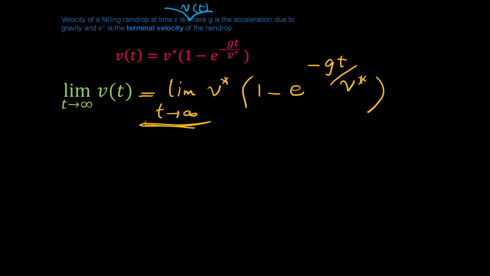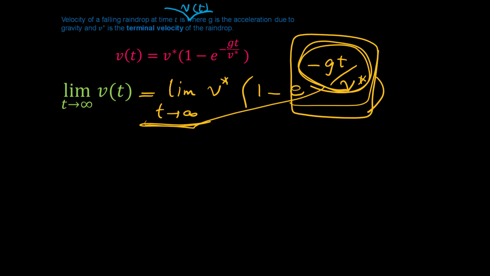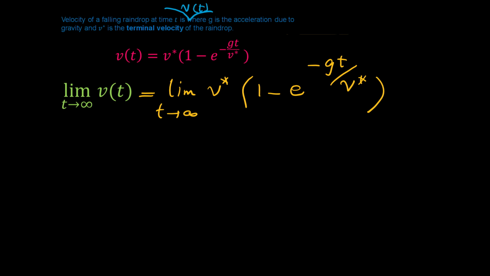Attention, the variable t is only in the exponent of this exponential function, e to the power of negative g t over v star. When t approaches infinity, what happens in this exponent? What happens to this expression? When t approaches infinity, negative g is a constant, and as you know, g is 9.8.